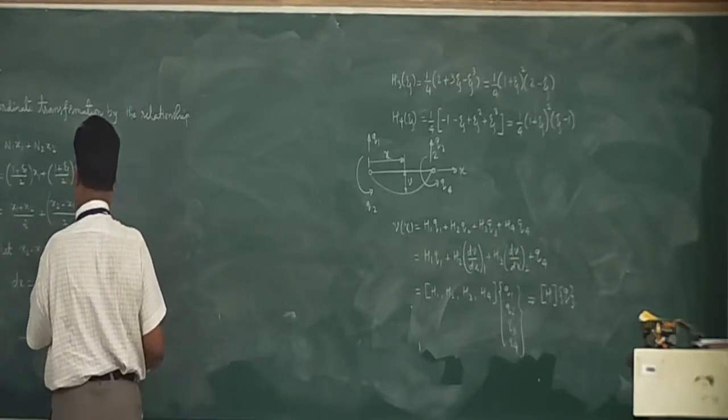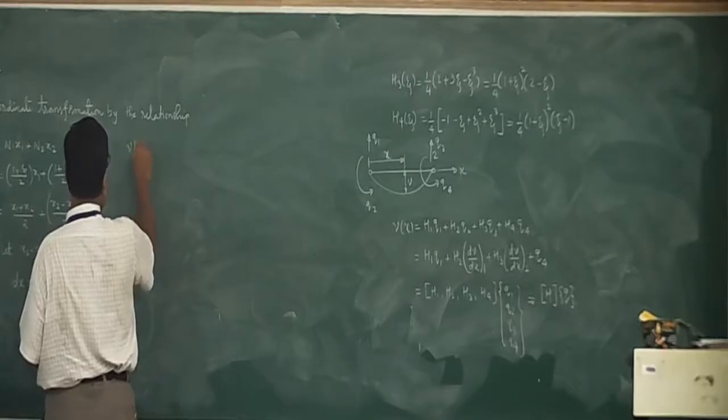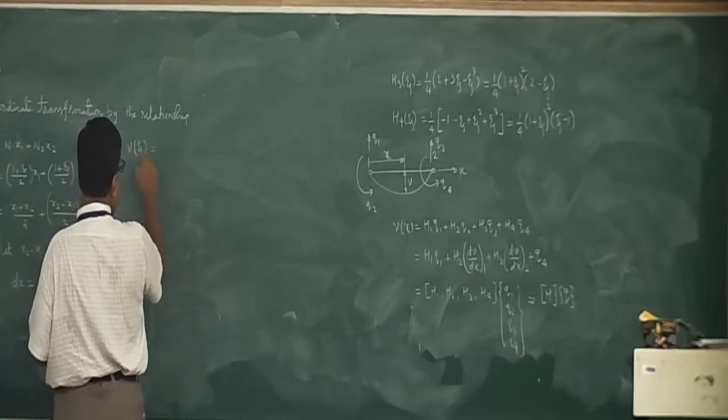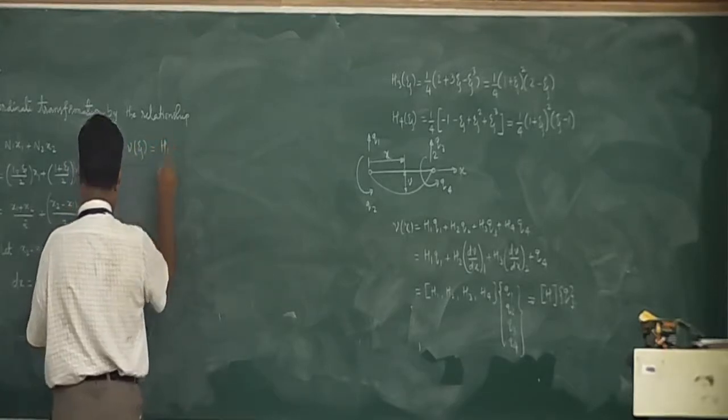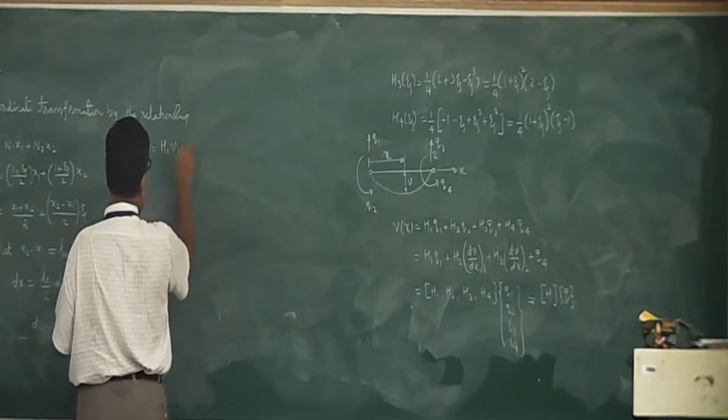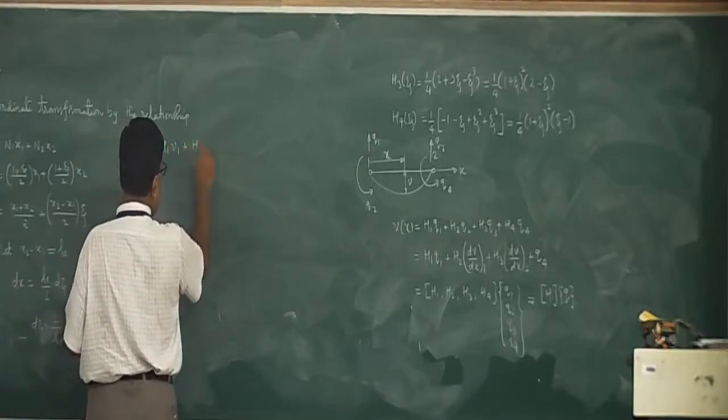Now, as I just told you, V of zeta is going to be in the form of H1 V1 plus H2 dV/dζ at 1 plus H3 V2 plus H4 dV/dζ at 2.